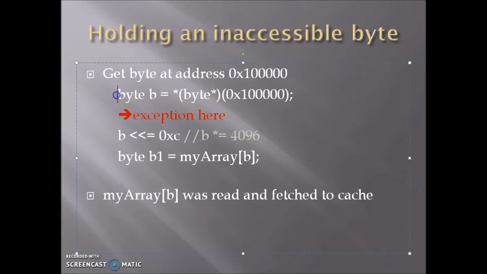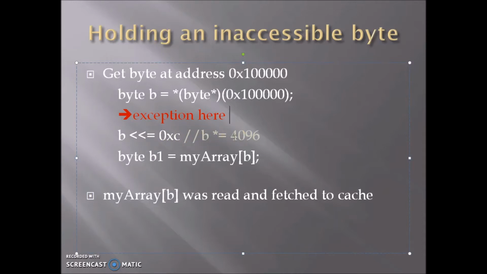So what we did here is reading the address 100,000 into b, which raises an exception. But the out of order mechanism allows us to take the value of b and do some operations on it. In this case, we multiply it by 4k.